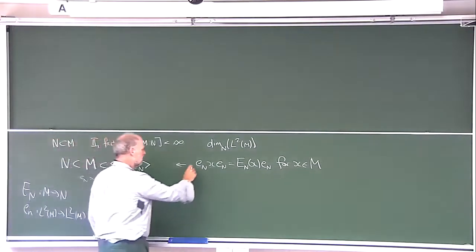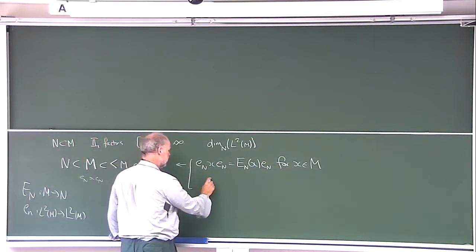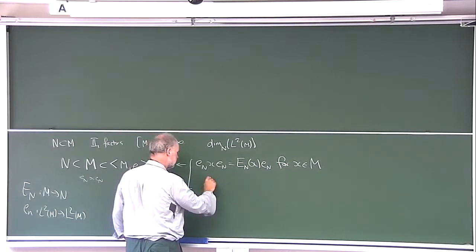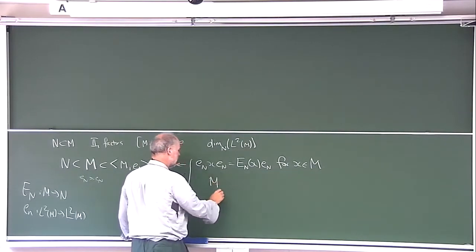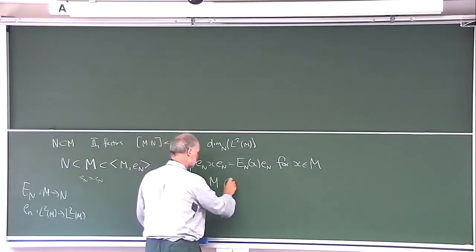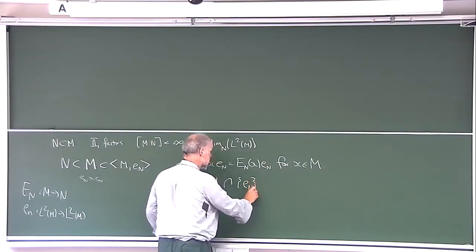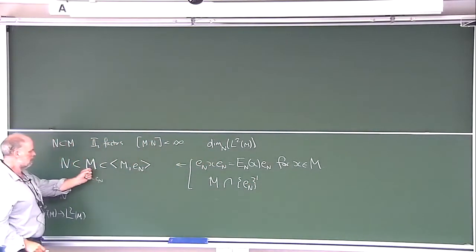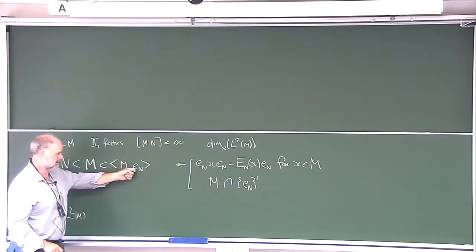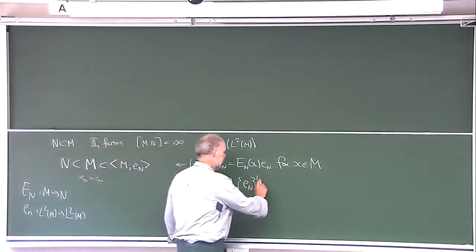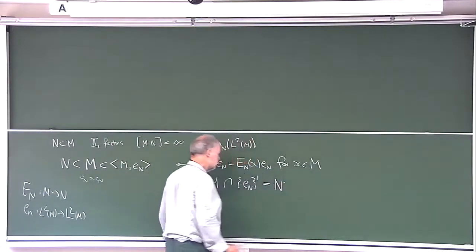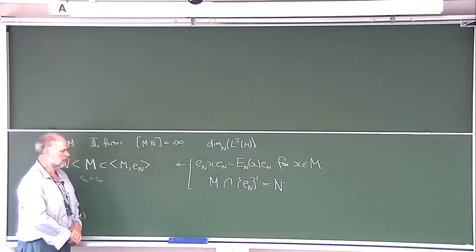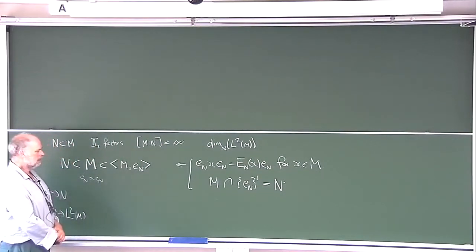So that's one thing. And the other thing is that if you take the elements of M that commute with E_N, then that's exactly N. These are the two really important facts about this basic construction.